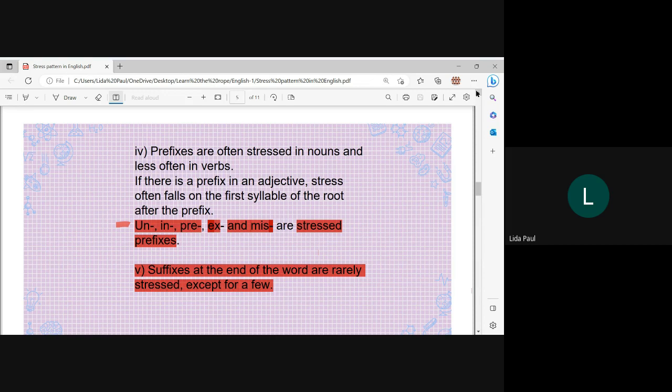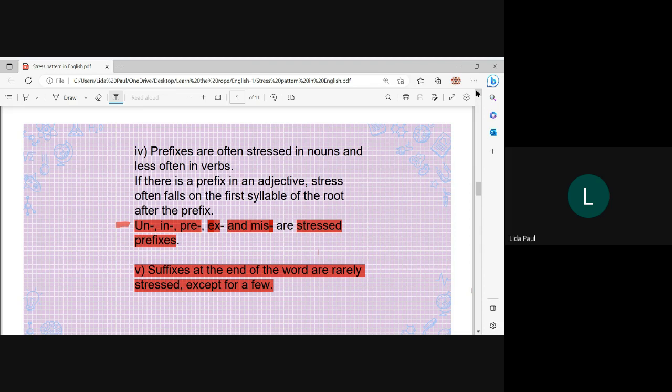Now, if it is an adjective, look at this one. In nouns and verbs, often they don't make any changes, whatever it is. So, for example, if I have a noun like interest, okay, and if I use the prefix dis with it, disinterest, the stress pattern doesn't change. Okay. In nouns, you usually mark it on the first syllable.